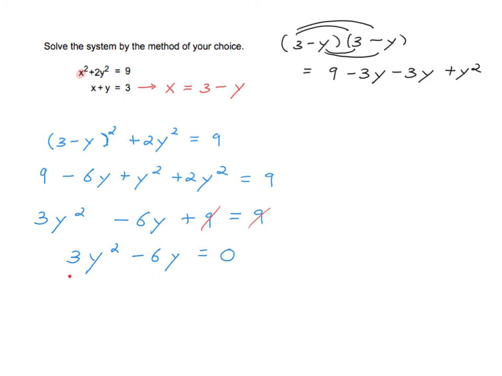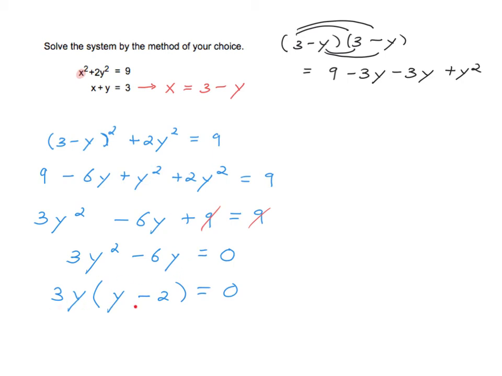To solve this, I'm going to factor it. The approach I'll use is taking out the greatest common factor. I can take out a 3 and a y, and what's left over is y minus 2. Because if I multiply this back into both terms, it'll take me back to 3y squared minus 6y.